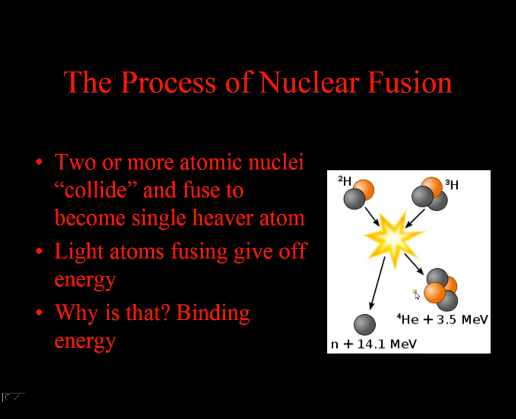The binding energy for helium, however, is 28 mega electron volts. So we have a difference here of 18 mega electron volts, which gets liberated when the fusion happens. So every time we have helium-2 and helium-3 fusing together, we have a liberation of 18 mega electron volts.